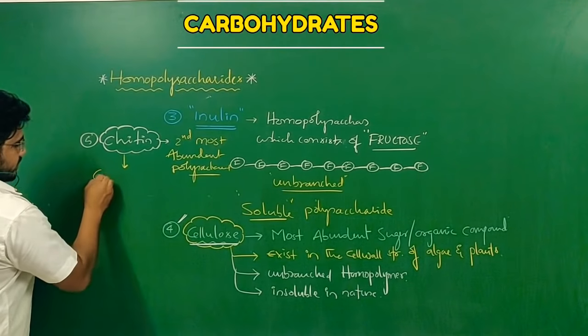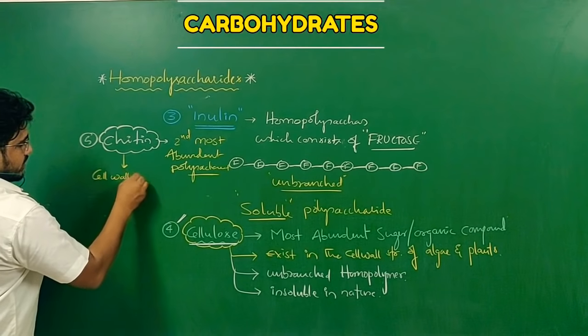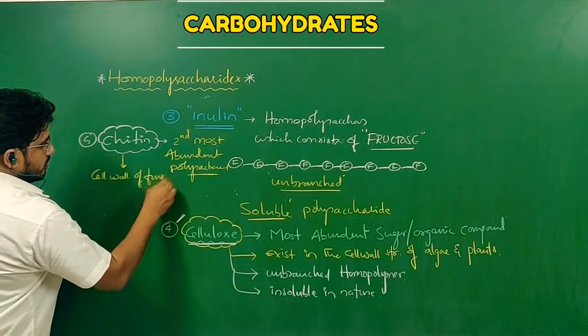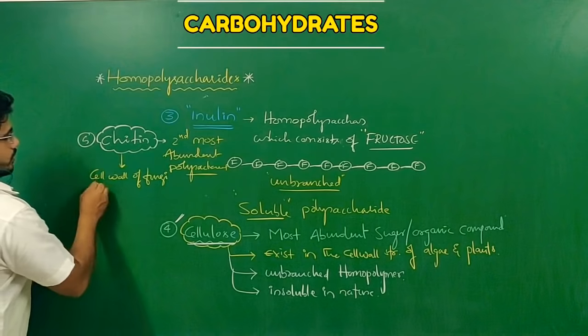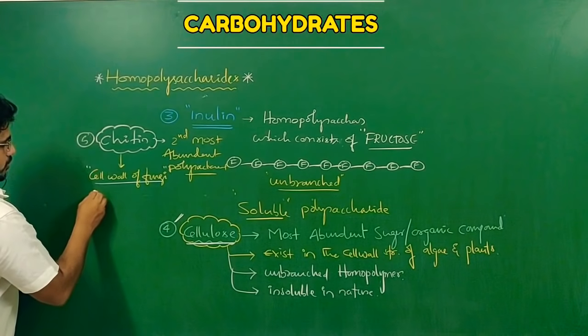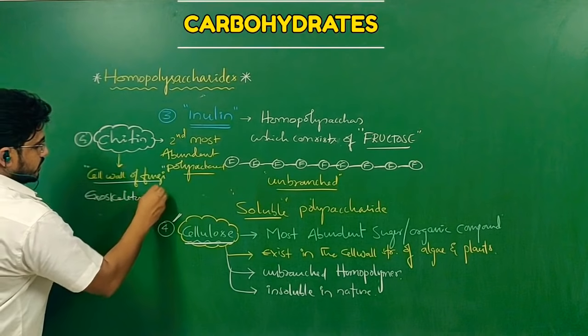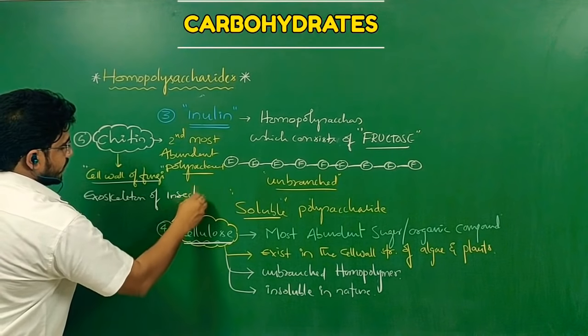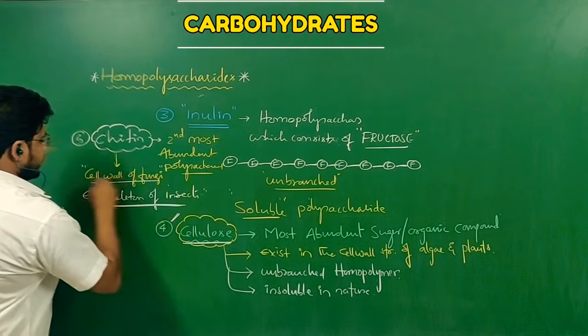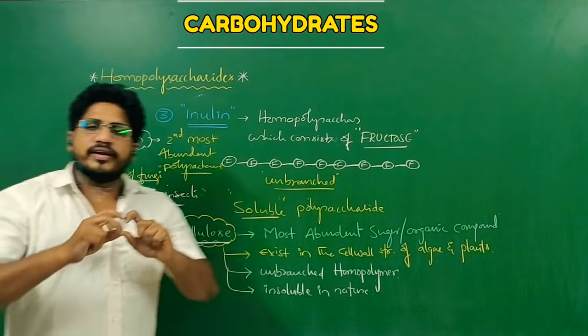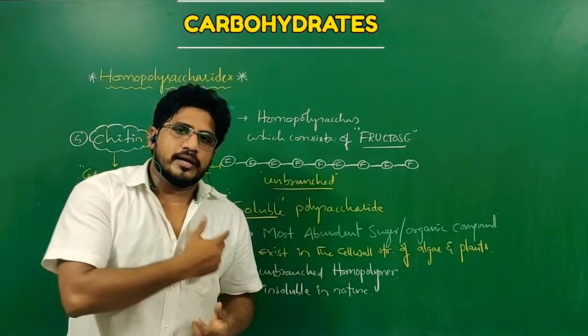Chitin exists in the cell wall of fungi and also the exoskeleton of insects. Just like a cockroach, they are insects. They have a very hard body cover that is made up of chitin.